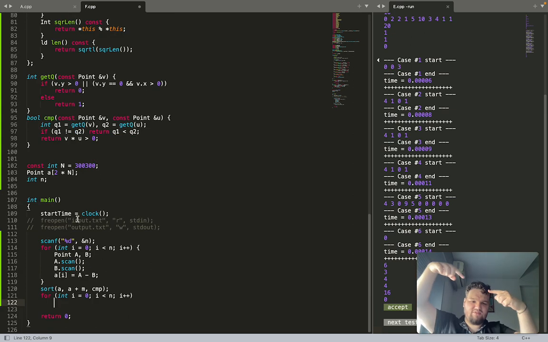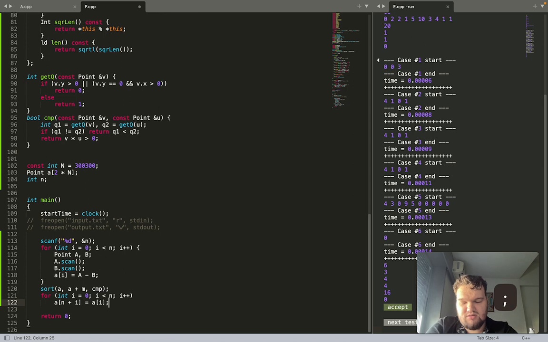Because I will do this cyclic sweep line, I need to copy the points. I think one copy should be enough, if I will be careful about that.